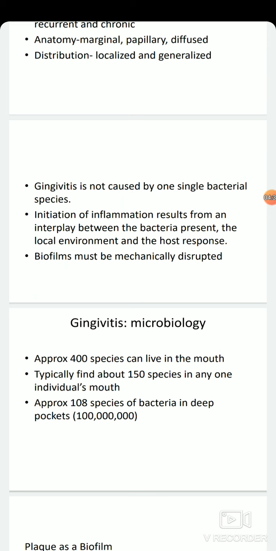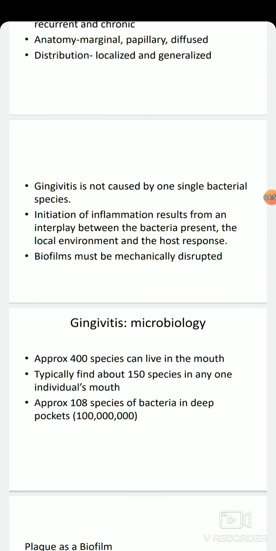Gingival inflammation results from an interplay between the bacteria present, the local environment and the host response. Hence, the takeaway is that one must mechanically disrupt the biofilm to contain the disease process from advancement.